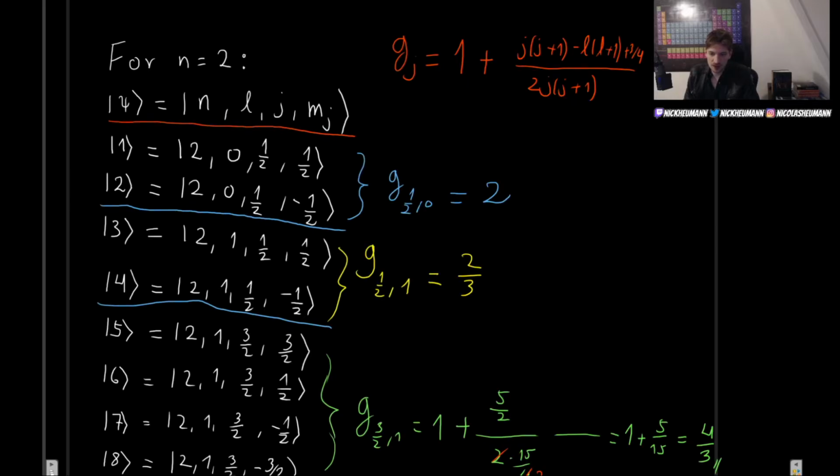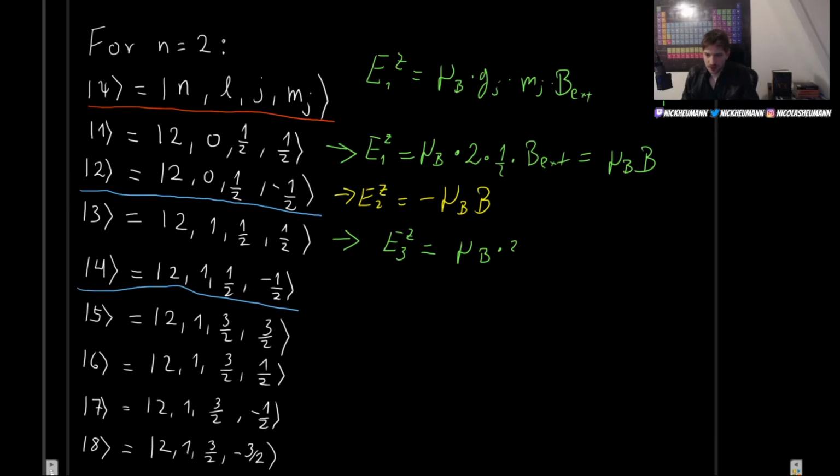It was 2/3. So now we have 2/3 times 1/2, which is mj, times B. So here we get 1/3 mu B times the magnetic field B, right? Because this cancels out.